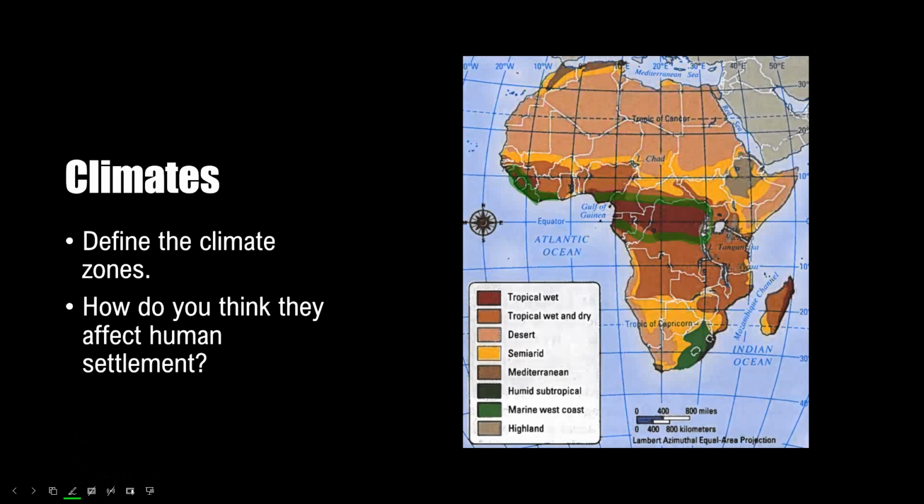Up here in northern, what we call sub-Saharan Africa, this is where you find what's called the Sahel. And this is a zone of transition between northern Africa up here and what we call sub-Saharan Africa down here in the south. So pretty flat area, pretty dry area.